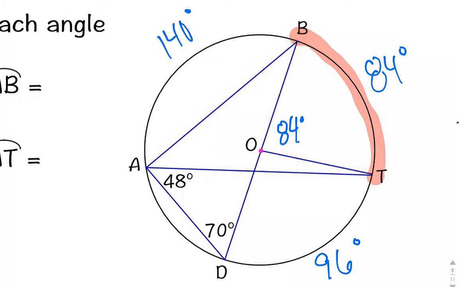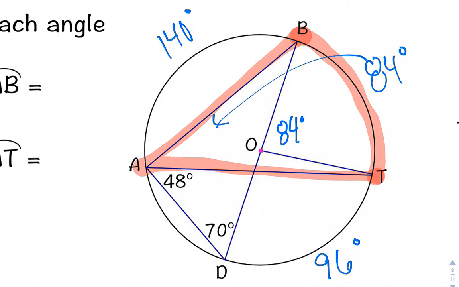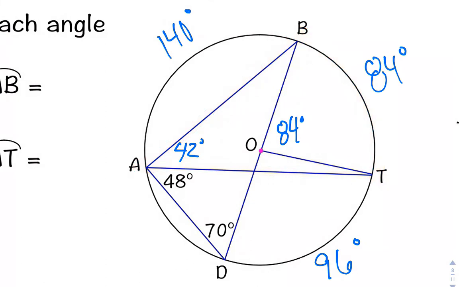Well, if you look at the endpoints, we have that angle, which is an inscribed angle. So it's going to be half of that arc. So I take 84, divide by 2, that gives me 42 degrees. Okay. All right, so there's nothing else that I can tell from that arc.